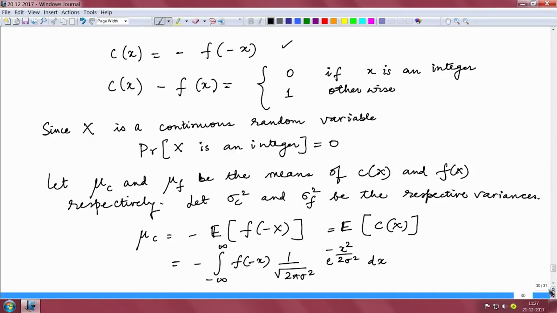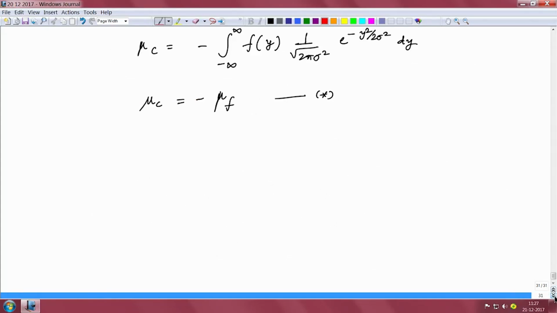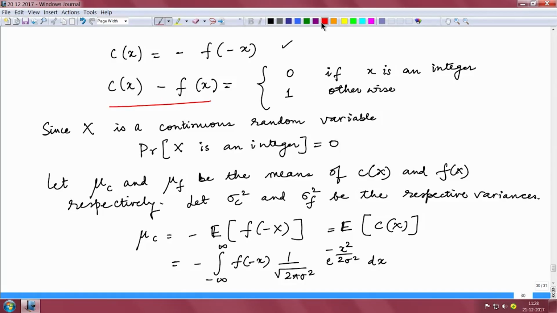Secondly, we realize that c of x minus f of x is going to be 0 if x is an integer and 1 otherwise. So mu c minus mu f is equal to 0 into the probability that x is an integer, plus 1 otherwise.